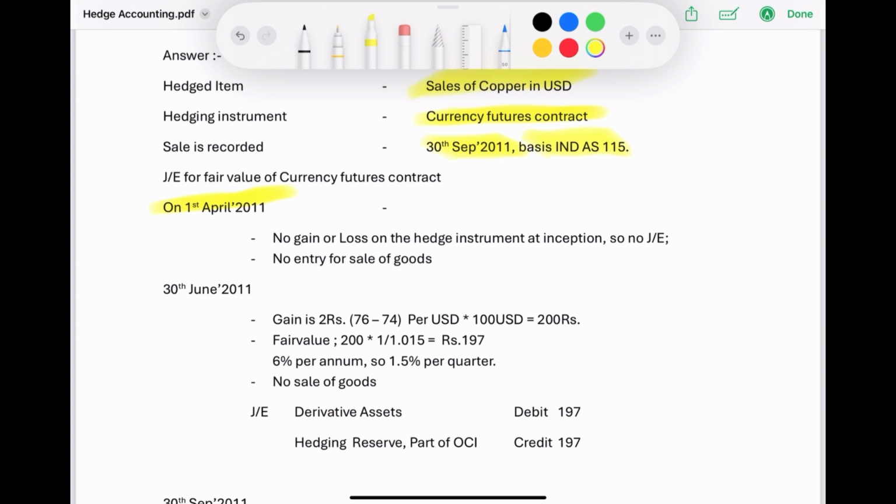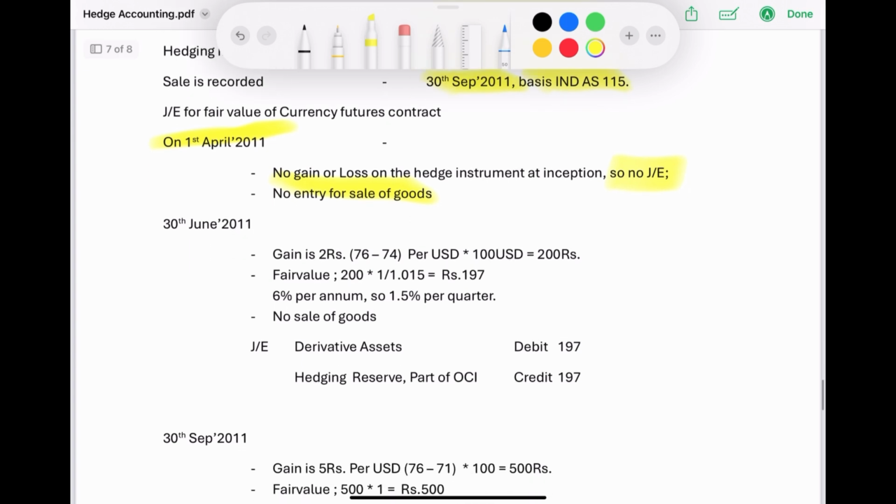As of 1st April 2011, there is no gain or loss on the hedge instrument, because at inception your forward contract rate and the fair value are both the same, so the delta is 0, so no journal entry. And since the sale of goods is going to happen only on 30th September, on 1st April 2011 there will not be any journal entry for sale of goods.